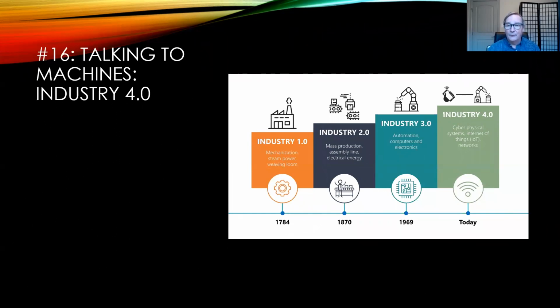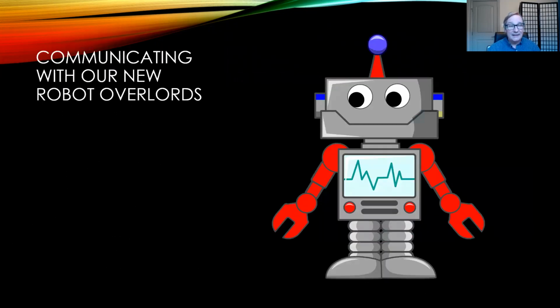Industry 3.0 was where we started to connect this and automate this and connect it to computers and connect it to electronics. Industry 4.0 is where there's the Internet of Things. Everything's being connected to networks. It's cyber physical systems. And yes, you've probably guessed it, it's learning how to communicate with our new robot overlords.